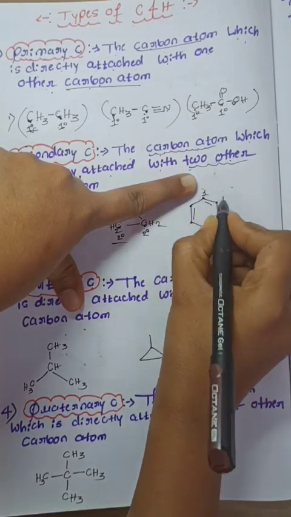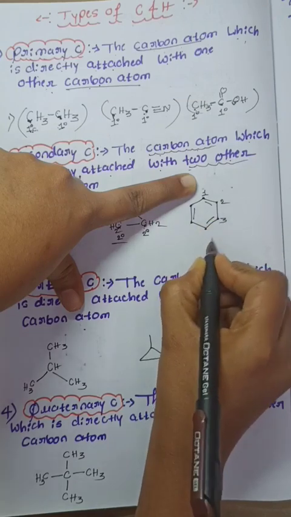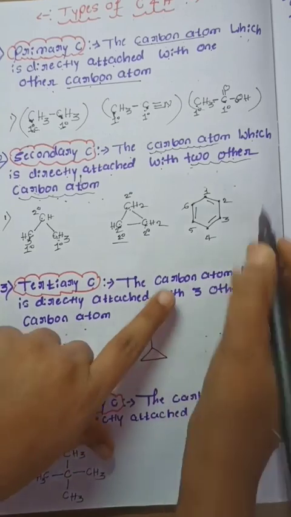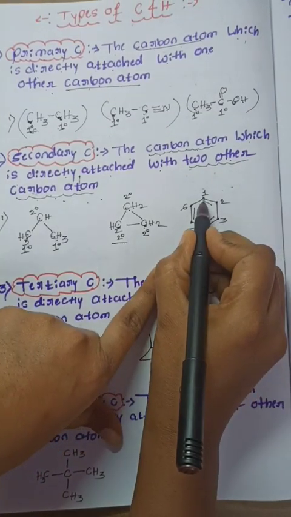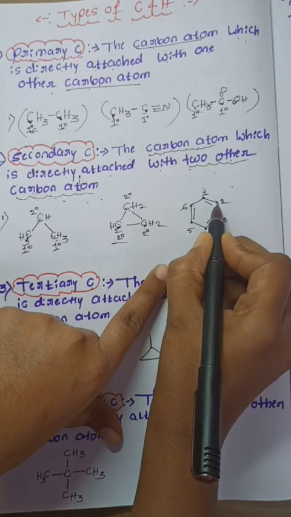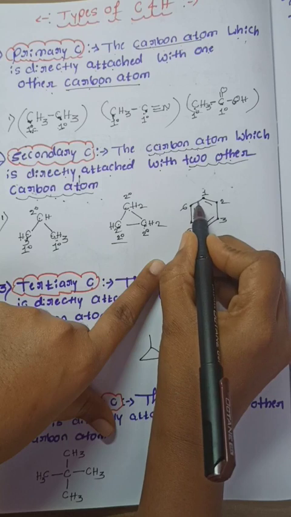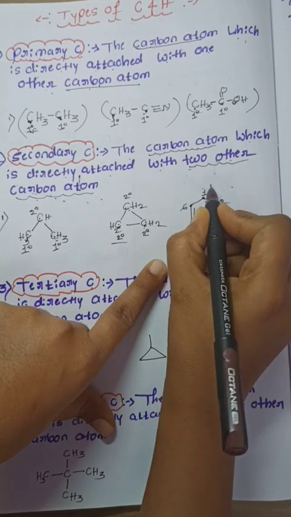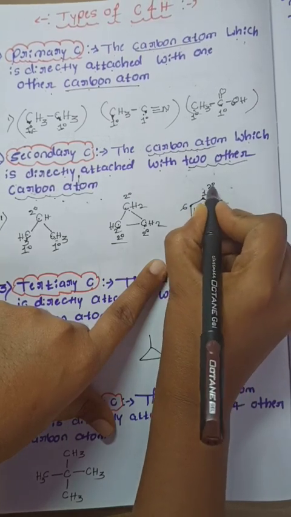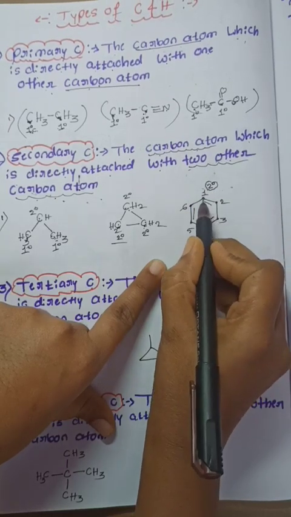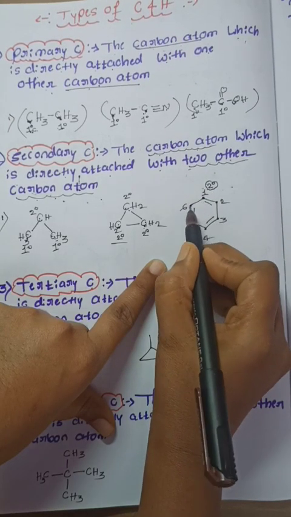Let's consider first carbon, second, third, fourth, fifth, sixth. The first carbon is directly attached with two more carbons, the sixth carbon and the second carbon, so this first carbon we call secondary carbon. Why? Because this first carbon makes a bond with two more carbons.